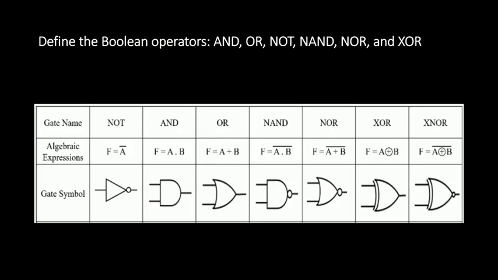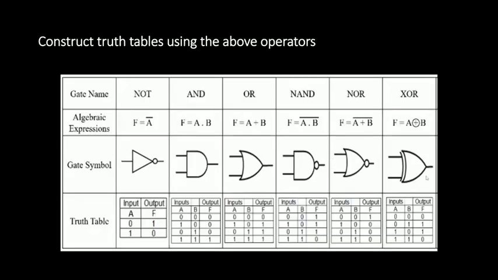And an exclusive OR will yield a positive output, a 1 output, a true output, if one of the inputs is true, but not if both of the inputs are true. The truth tables are presented here below.